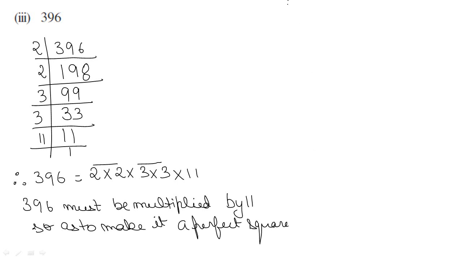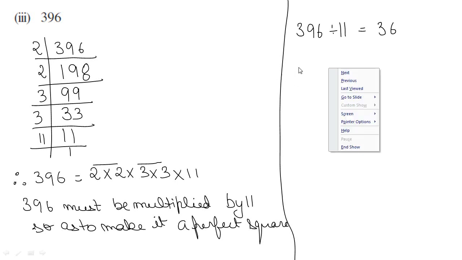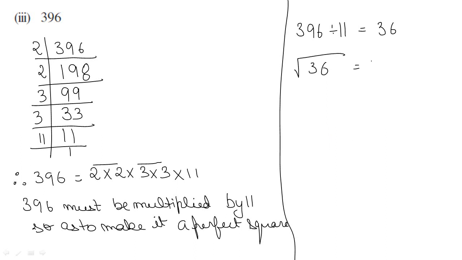So now we will be dividing 396 by 11. You can divide and we will get the answer as 36. And we also have to find out the square root. So the square root of 36 is 2 into 3, which is 6.